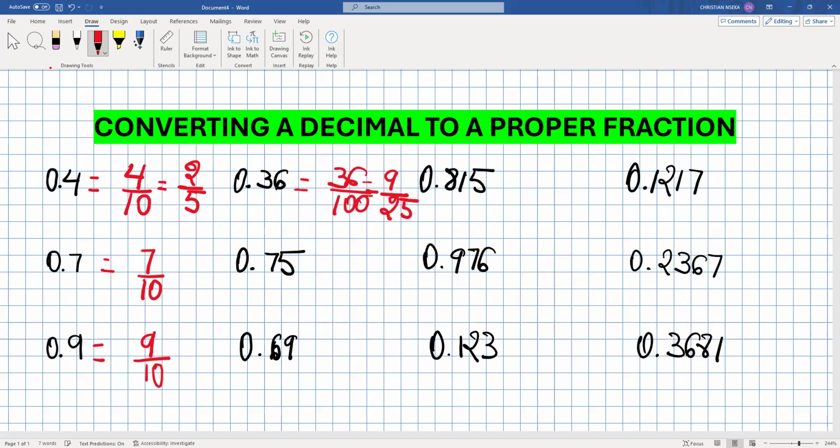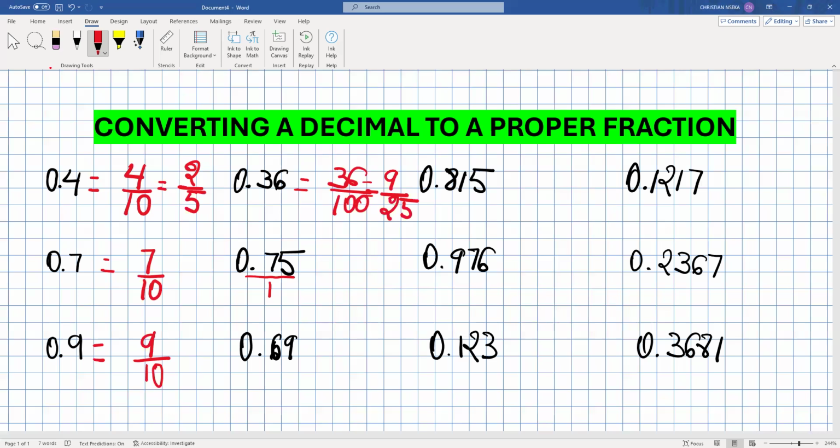All right. So the other method, which is pretty much the same thing, what I showed you so far is the shortcut. The other way consists of putting 1 over there. And then go ahead and count how many decimal places you have.